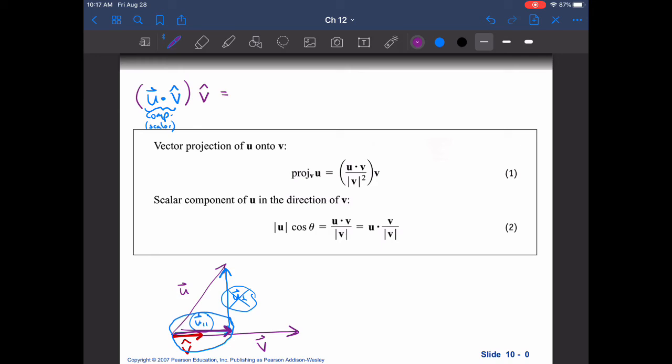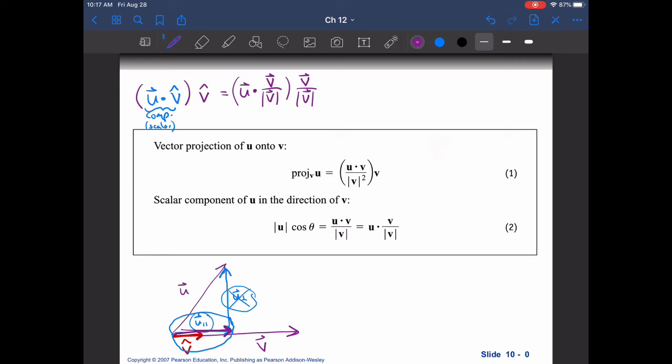If we take a couple steps with this, the unit vector v I get from doing the vector v divided by its own magnitude, its own length. And then again, that's that unit vector v here again. So v over magnitude of v, like that.